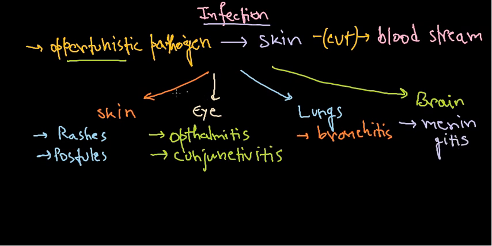Okay. So you can see it can infect several regions, it can cause several diseases in those regions, but usually they won't cause diseases. They will only cause disease if there is a compromised situation going on.